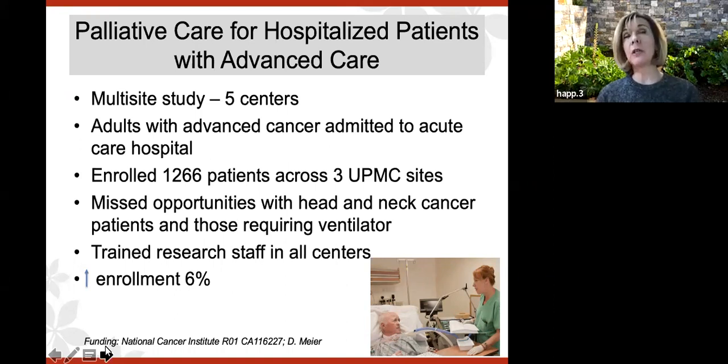And so we trained research staff in all 5 centers to use these same communication accommodation techniques. And so we were able to increase enrollment and participation by 6% after we used these techniques.